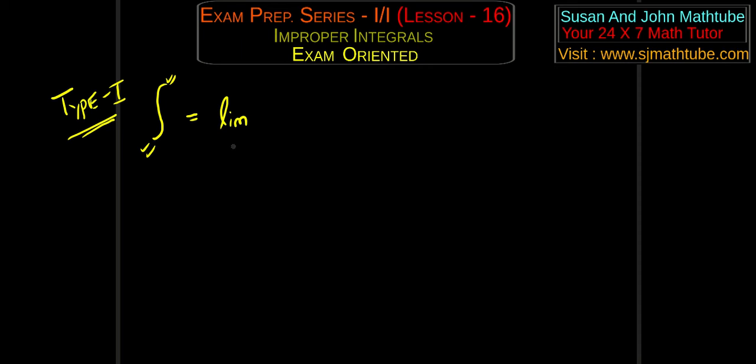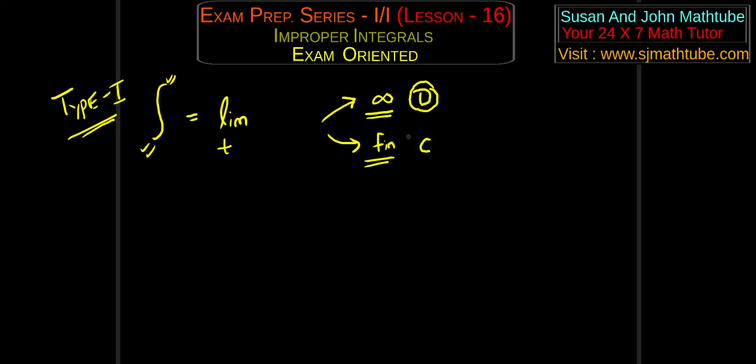We change it into a limiting problem and we find the limiting value. Sometimes the answer will be infinity, sometimes plus or minus infinity, and sometimes the answer will be finite. If the answer is infinite, we say the integral is divergent. And if the answer is finite, we say that the integral is convergent.